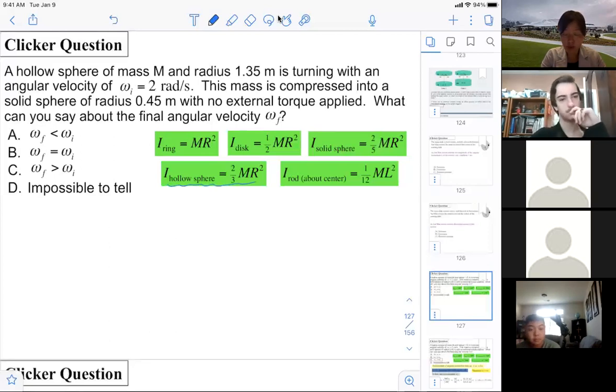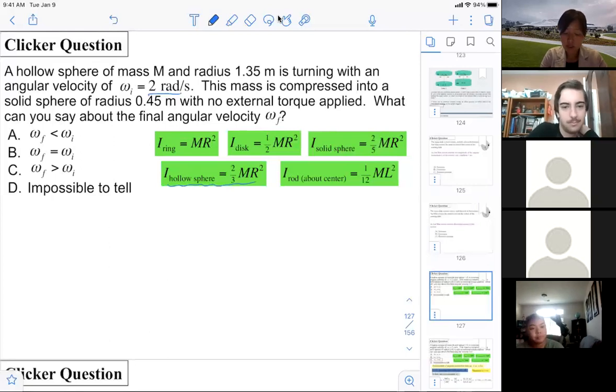Usually, the question will always provide it to you. It has a mass m and radius 1.35 meters. It is also rotating with this angular velocity. Now this mass is being compressed into a solid sphere. Now it just deforms, it changes the shape while it's rotating. Never mind how it's done, but it is done.